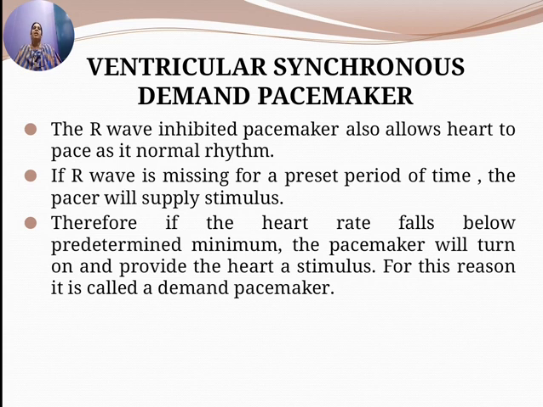For this reason, it is called a demand pacemaker, on demand, on requirement. When the heart rate falls below the predetermined minimum level, it sends the stimulus to the heart. This is why it is called a demand pacemaker.